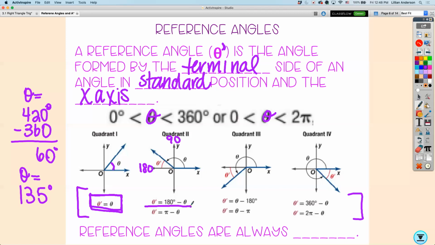So then the reference angle is going to be 180 minus that angle, or pi minus that angle if I'm in radians. Okay, so I would do 180 minus 135, and I get what? 45. So 45 degrees would be my reference angle for 135 degrees. Is everybody following me?